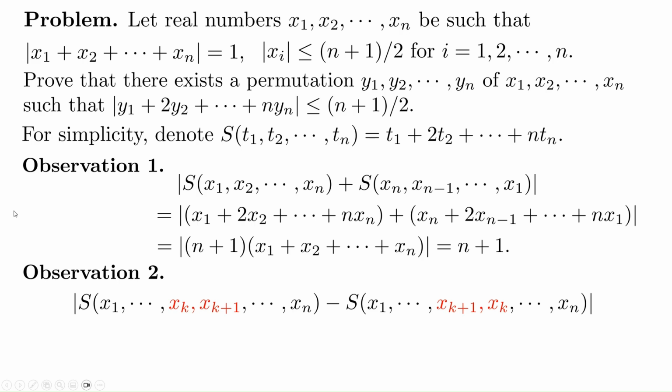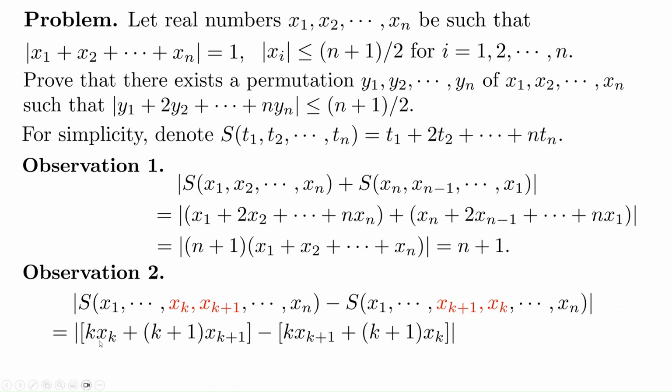Observation 2. We compare the weighted sums of two sequences: x1, x2 to xn, the original sequence, and another sequence which is a permutation obtained by switching two consecutive terms xk and xk plus 1. When we calculate their difference, all terms cancel except two terms in each sum. In the first sum, the coefficient for xk is k and k plus 1 for xk plus 1.